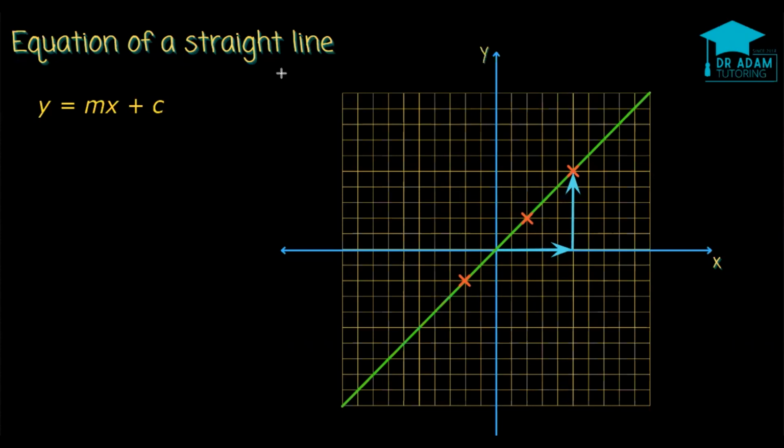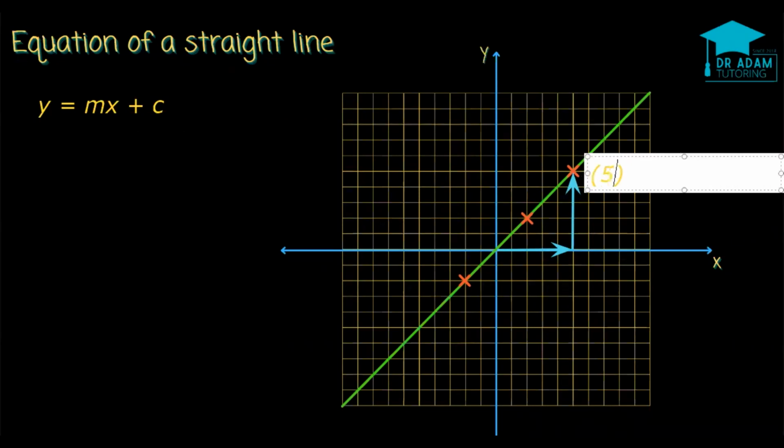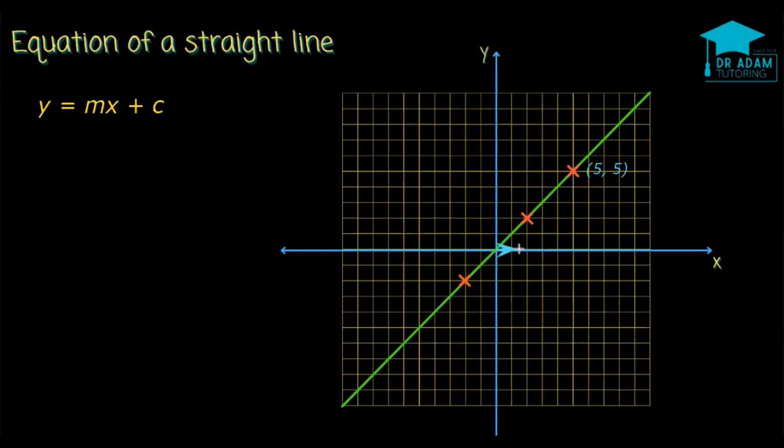So we have 5, 5. Now this point here is 2, 2. And this point here we can see is -2, -2. So now we need to think about what relation we can draw between the x and the y for these 3 points. That is, x is equal to y.